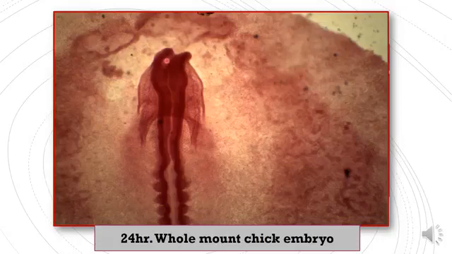The floor of the neural fold is the neural groove. And the light staining you can see here represents the notochord. This is the notochord, and this structure is the U shape of the heart tube.